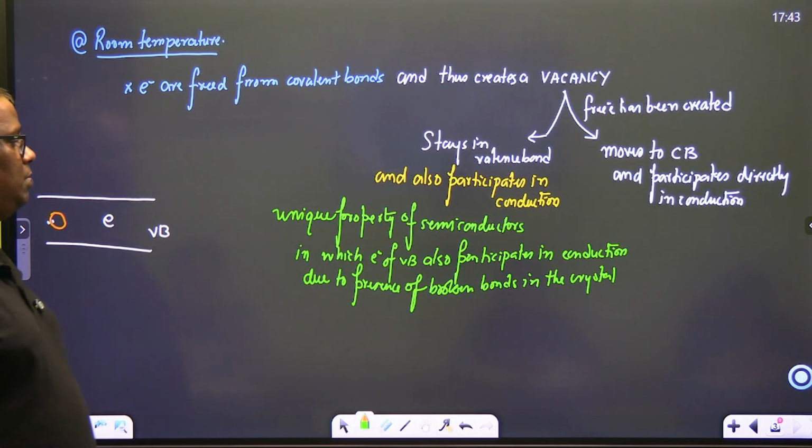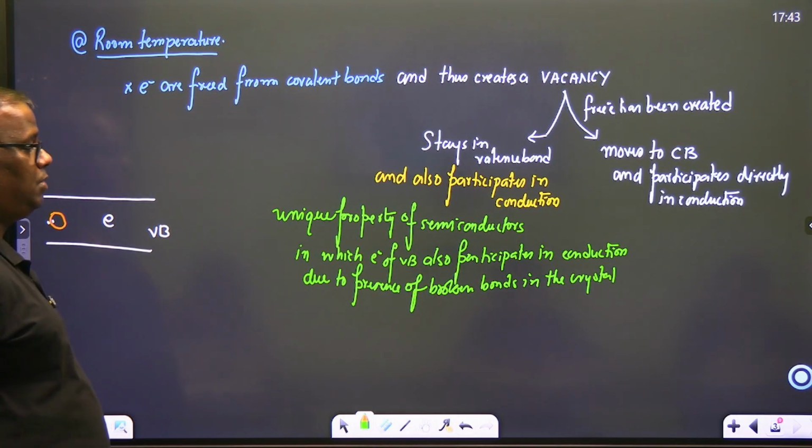This is a unique property of semiconductors in which electrons of the valence band also participate in conduction due to the presence of broken bonds.